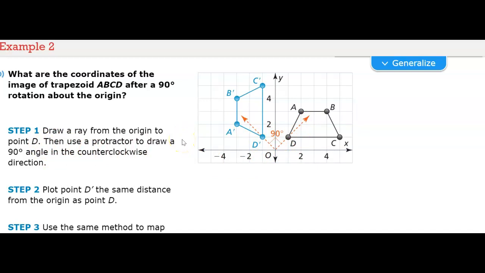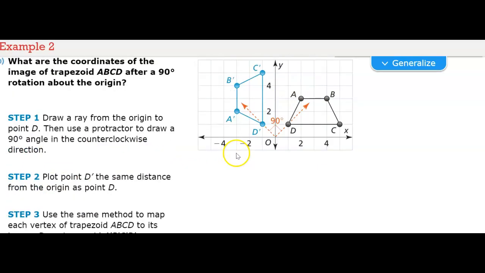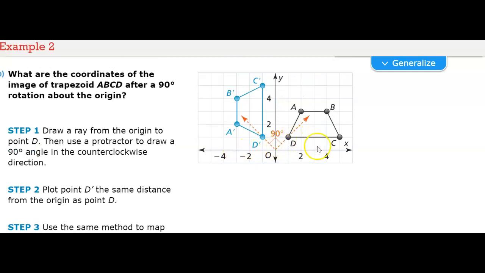We don't have a protractor, but you're going to turn it counterclockwise, and you plot point D the same distance from the origin as point D. So when they rotated it, that's how you get this second ABCD over here.